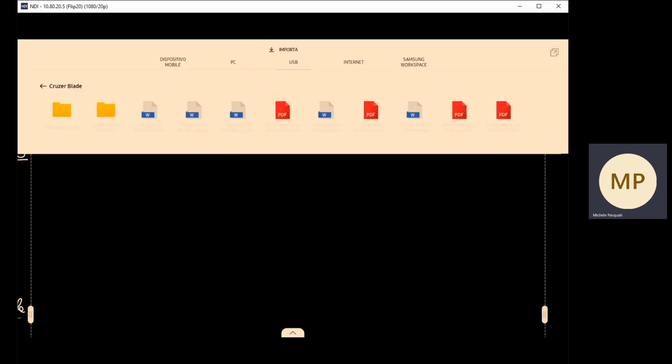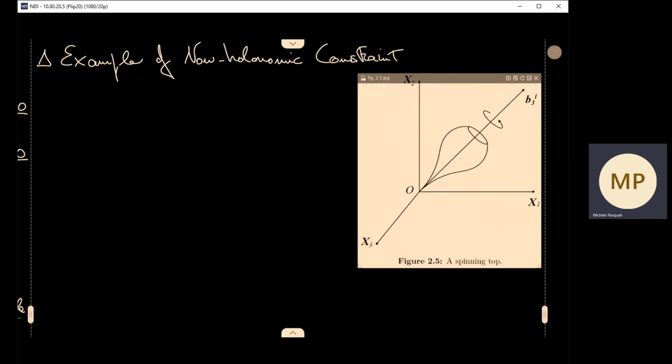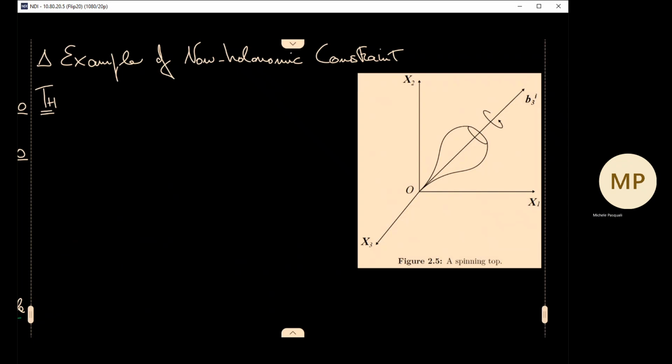To do so, we consider the case of a spinning top. Trottola, una trottola. What I want to do with this spinning top is to enforce a condition on the velocity. You see, I'm enforcing a condition on the motion, not on the configuration. That's why it's a non-holonomic constraint.